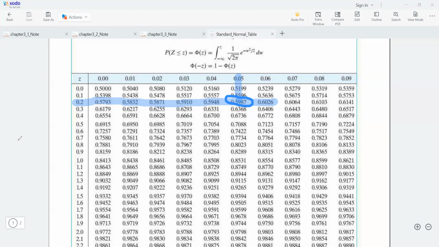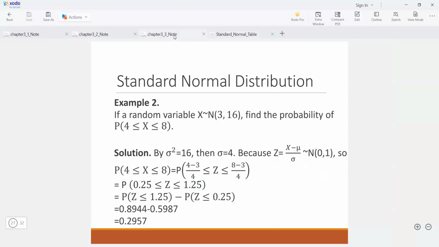Okay. So then we plug these two values into our equation, and this will give us the answer. Here I give you the step answer, and this is how we get this result. And then you use a calculator to get the final answer.